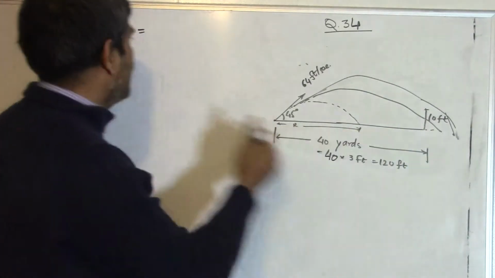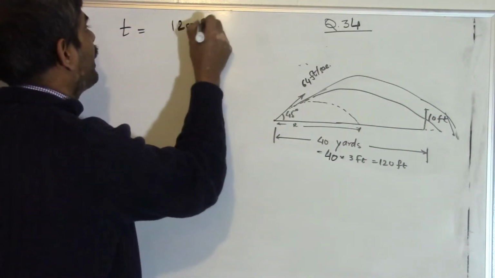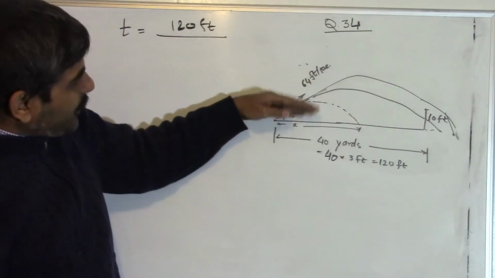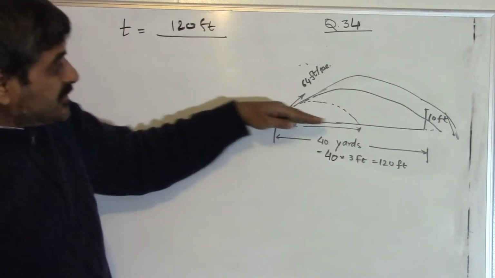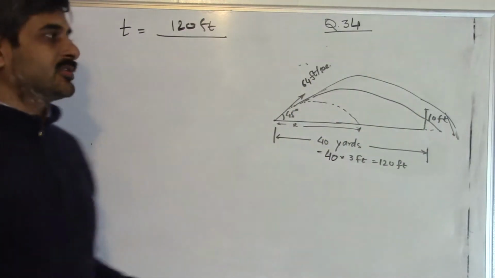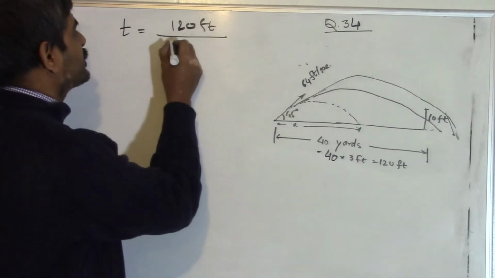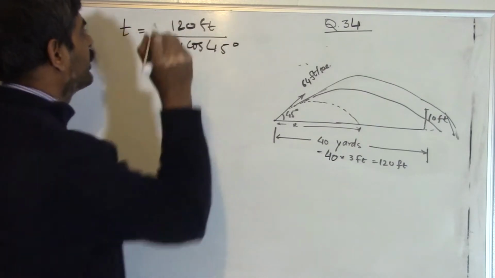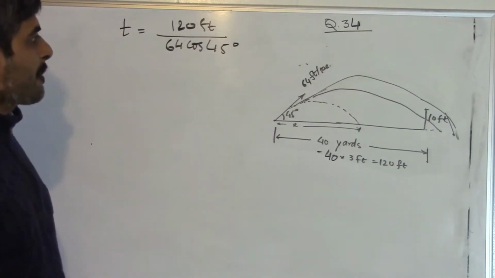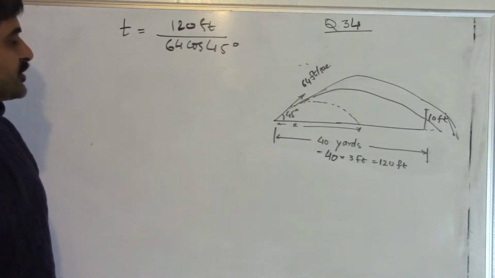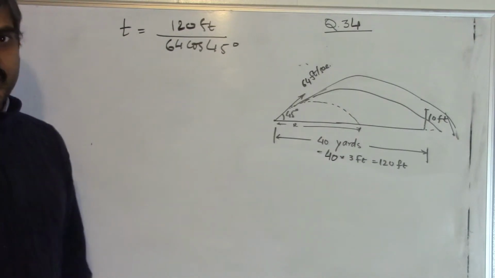Horizontal distance is 120 feet, divided by the horizontal component of the velocity, which stays constant because there is no acceleration working in the horizontal direction. This is 64 cos 45 degree. This is our time: 120 feet divided by 64 cos 45 degree.